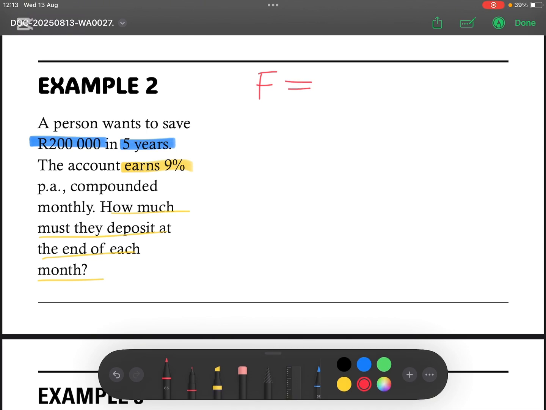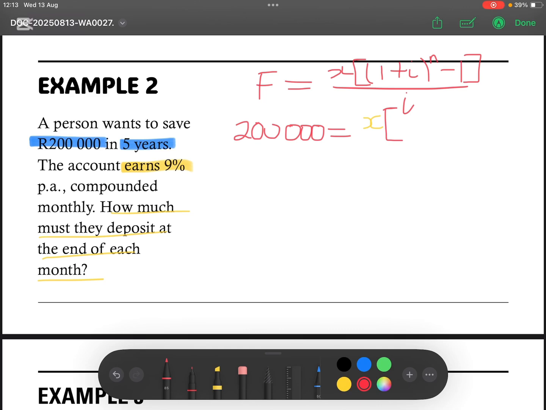He wants 200,000 in the future. But what we don't know is the amount of money that he must deposit every month so that at the end of 5 years, he can have that amount of money. So now what is the future value? That will be 200,000, which is equal to the value of X, that's what we're looking for, the monthly installment, into 1 plus the interest rate, that is 0.09 divided by what?